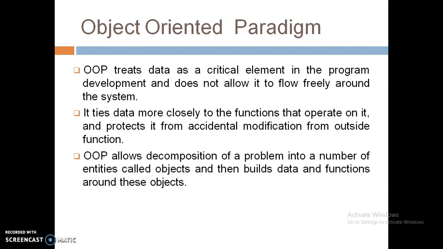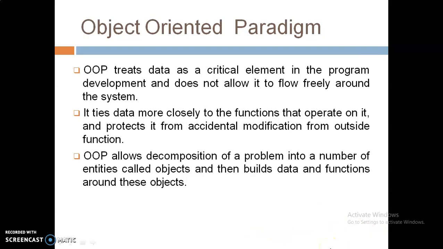That means data which is declared within some function cannot be accidentally changed by a function in which the data is not declared or in which the data is not accessible.